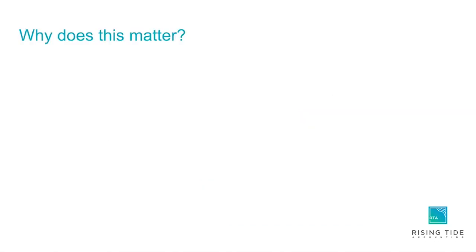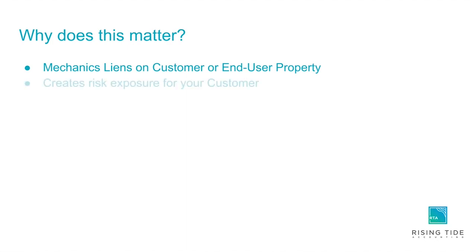So let's talk for a minute on why this matters and why a joint check exists in the first place. The main reason is to avoid mechanics liens on customer or end user property. A mechanics lien is when they put a lien on property or on the job in order to ensure that the vendors get paid. And what that does is it creates additional risk exposure for your customer, or the end user.